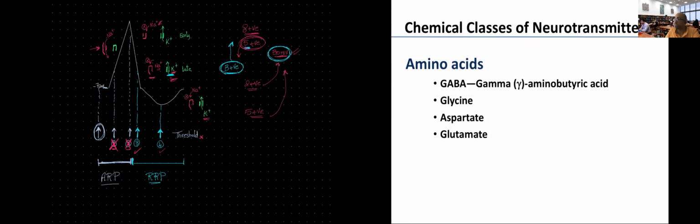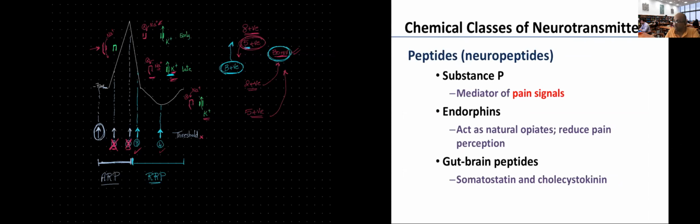Some amino acids act as neurotransmitters, like gamma amino butyric acid or GABA, glycine, aspartate, and glutamate. Some are peptides, meaning short chains of amino acids.